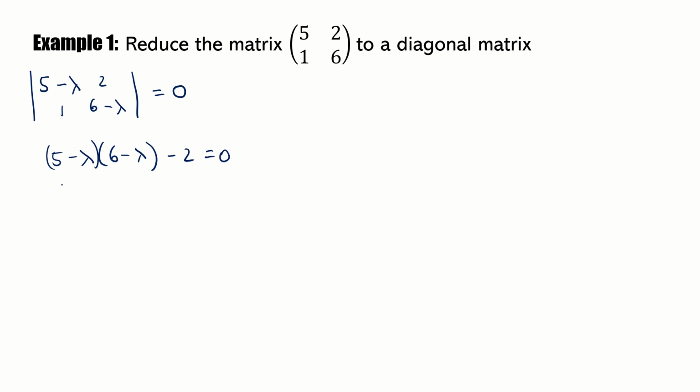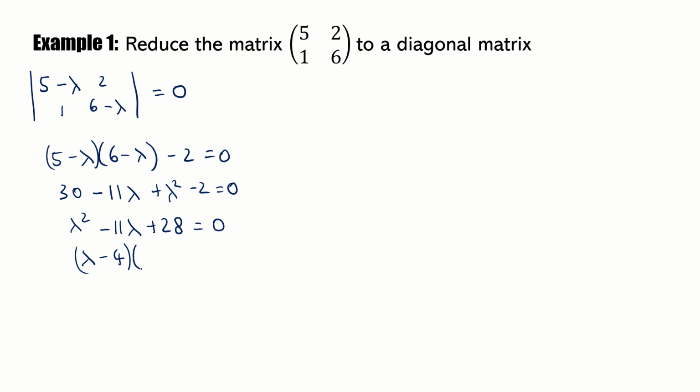And then we have to multiply all that out, and we'll end up with this quadratic. That quadratic factorizes very nicely, but you could solve it by any means that you see fit. We get the eigenvalues of 4 and 7.